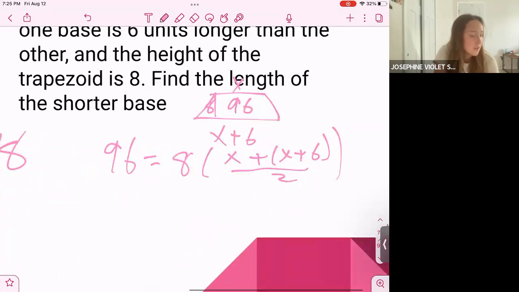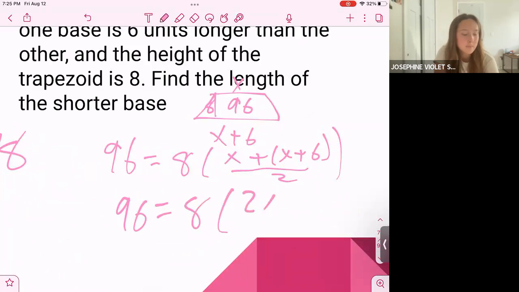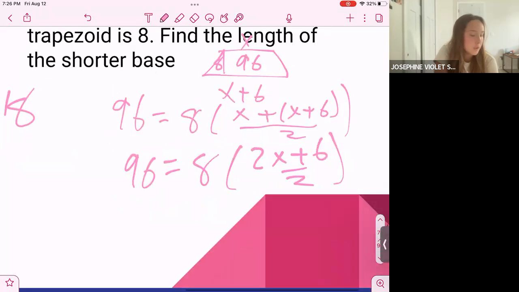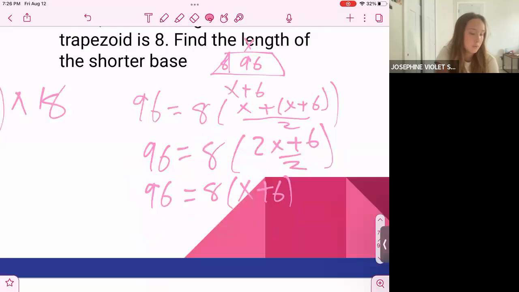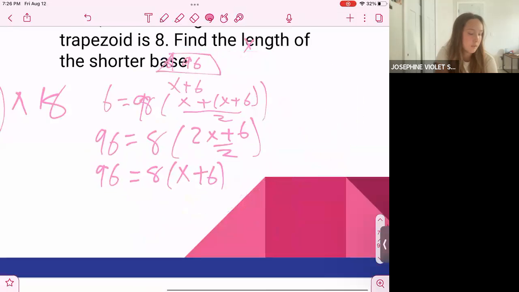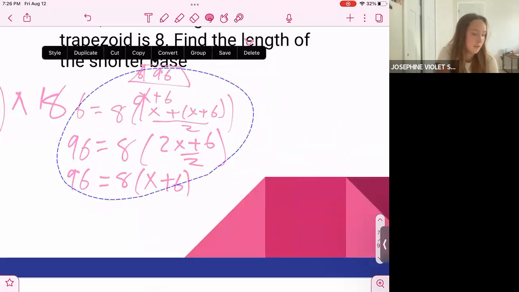Okay, so what we have is 96 equals 8 times, we can add the two x's, 2x plus 6 over 2. From there, we can divide out a 2. So it's just x plus 6. Oops, I missed the 9 on that 96.